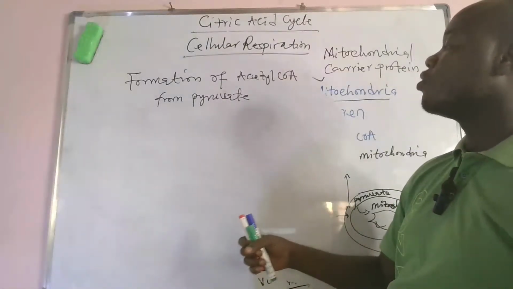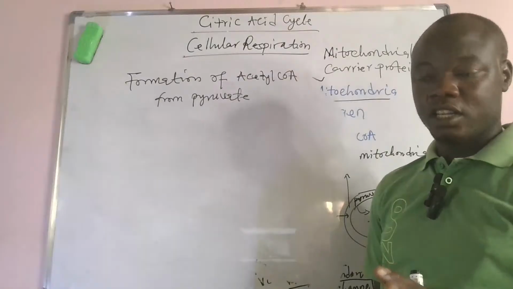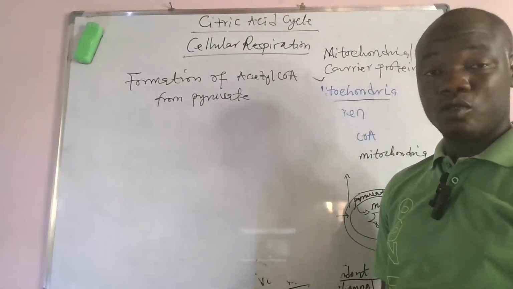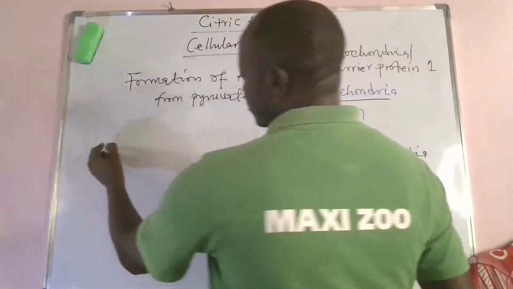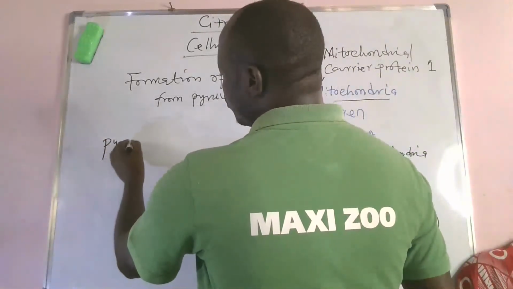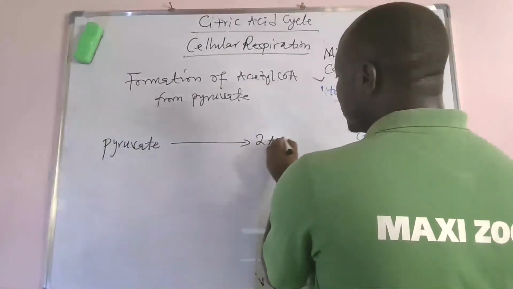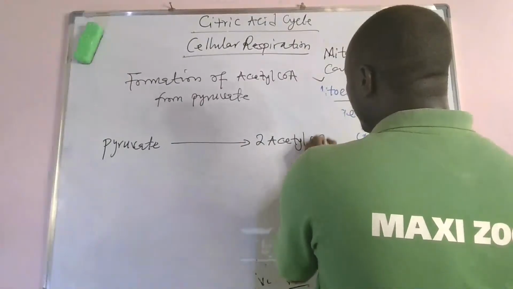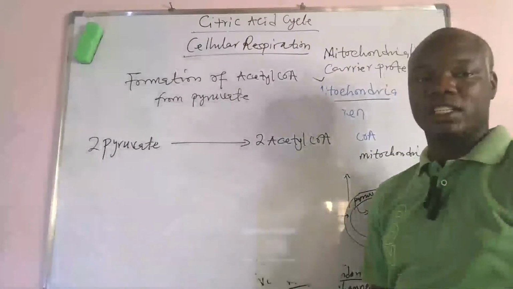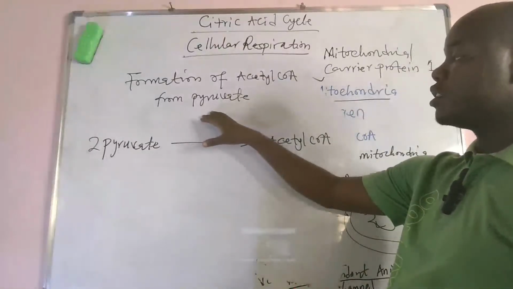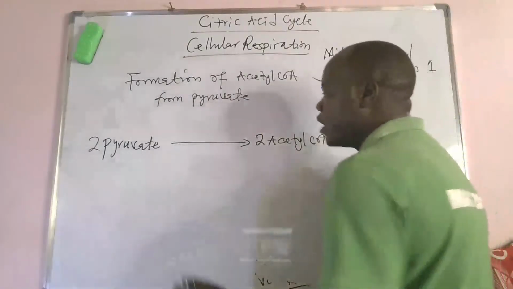Remember I told you that the starting material for the citric acid cycle is pyruvate, and so is acetyl-CoA. So how do we generate acetyl-CoA from pyruvate? There is an enzyme which converts these two molecules of pyruvate into two molecules of acetyl-CoA. Remember, at the end of glycolysis, two molecules of pyruvate are generated. These will be converted into two molecules of acetyl-CoA using an enzyme called pyruvate dehydrogenase complex.